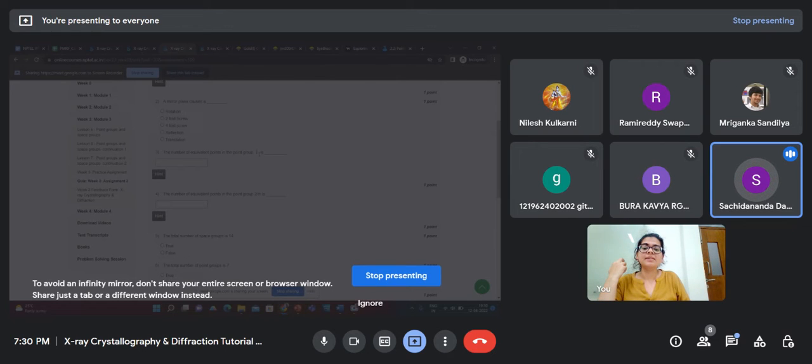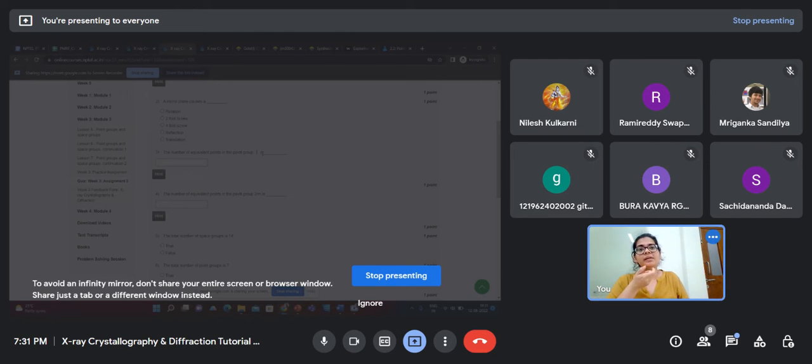I am telling you, C1: either any object is symmetric or asymmetric, identity will always be there. Identity means the rotation of 360 degree. If any asymmetric object is in your hand and you rotate it by 360 degree, it will come to its identical position, the same position only.